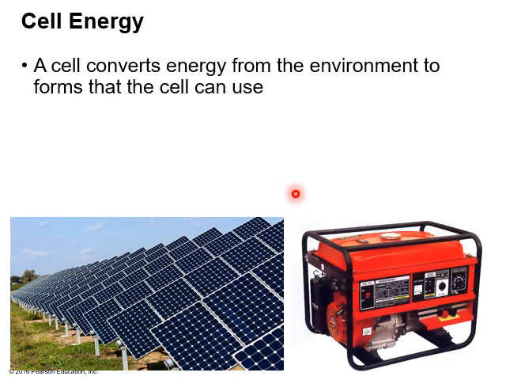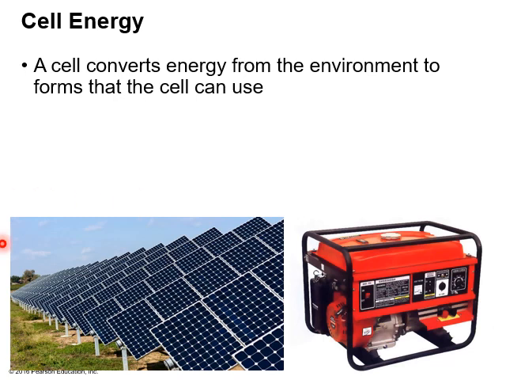So actually the energy that is stored in our food, say in the sugar that we ingest, we can't use that energy directly. We actually have to convert that energy into another form that our cells can use. In plants, they take energy from the sun and they use that for the things that they need. But plants can't use that energy from the sun directly. They have to convert it into another type of energy.